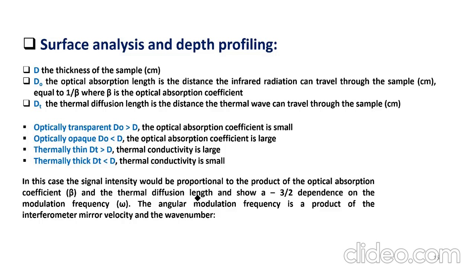So in that case, the thermal conductivity is large, and in the thermally thick, that is dt is less than d, the thermal conductivity is small. So the wave will not travel much in the sample. So in these cases, the signal intensity would be proportional to the product of the optical absorption coefficient and the thermal diffusion length.